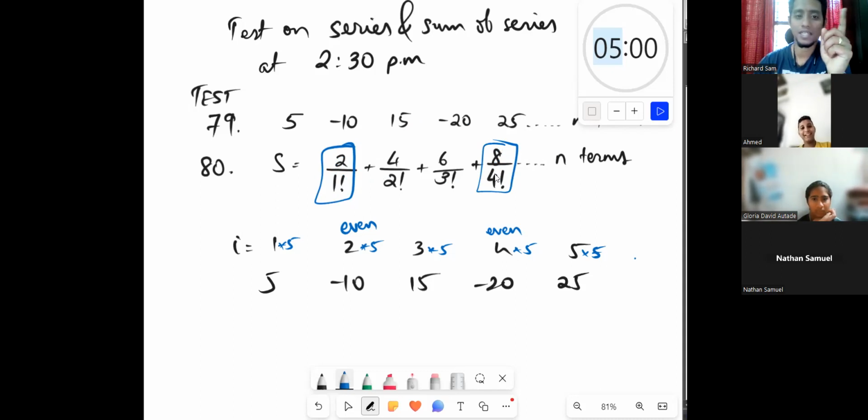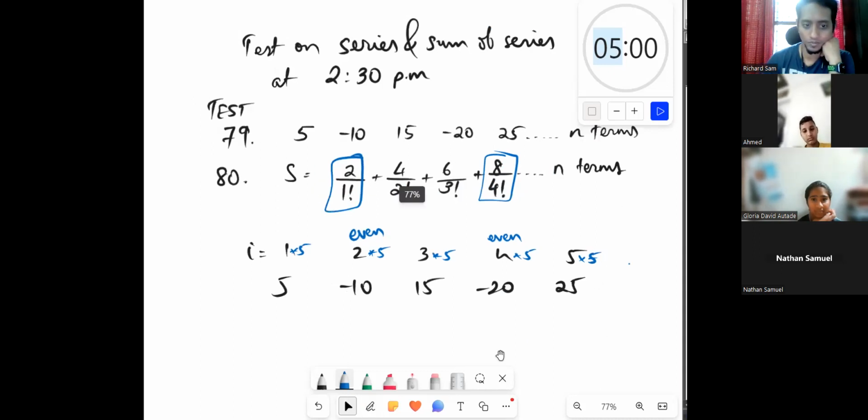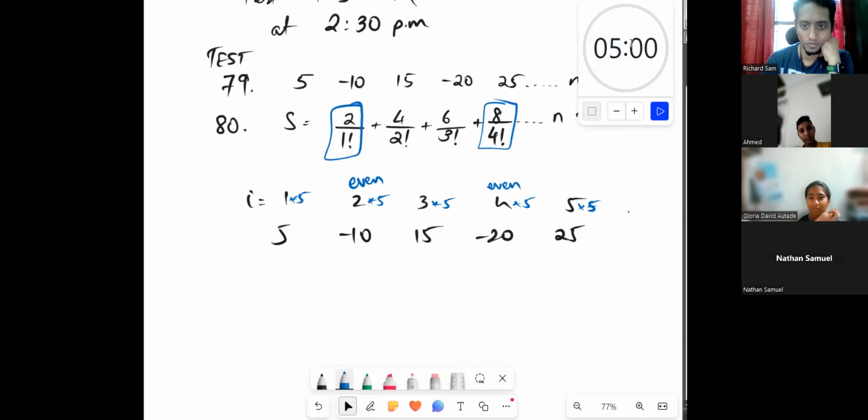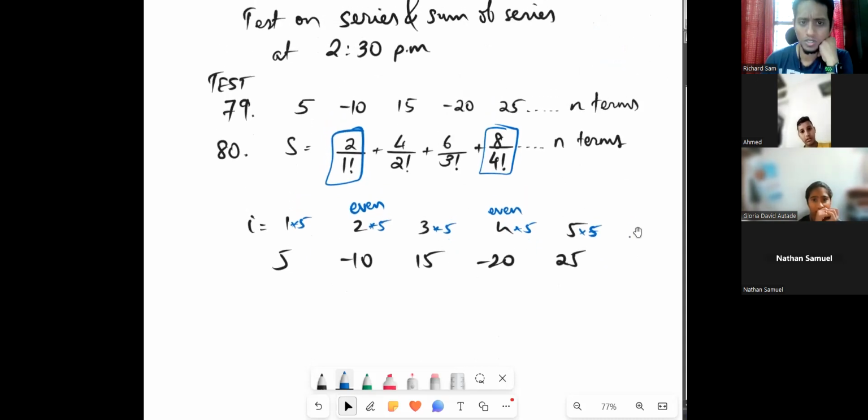Better than that, take the denominator's value as I, which means I will be 1, 2, 3, 4. Plain and simple. So you're not doing plus 2 or anything. I is just going normal 1, 2, 3, 4 all the way till n. No, not power. You're not doing any power here.